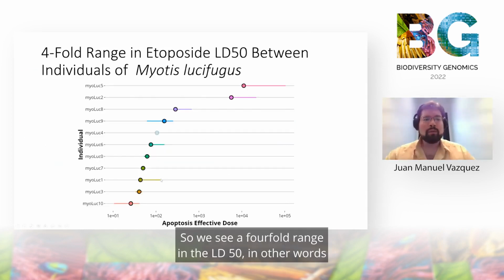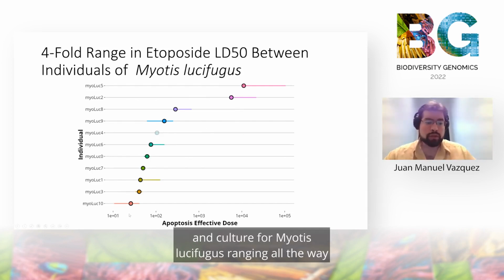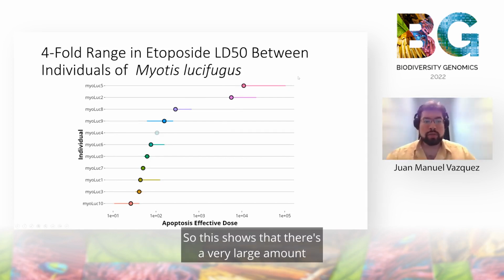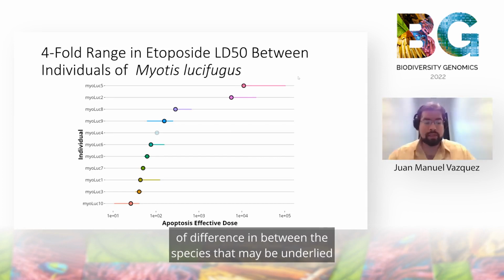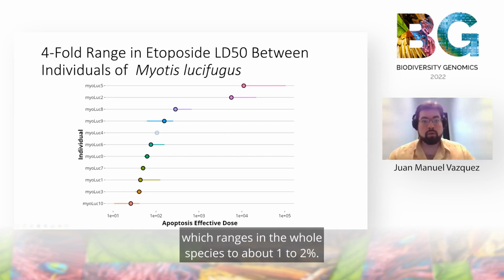So we see a fourfold range in the LD50, in other words, a dose that kills 50% of the cells in culture for Myotis lucifugus, ranging all the way from this small nanomolar range to a micromolar and even millimolar range. So this shows that there's a very large amount of difference between individuals that may be underlied by the high heterozygosity of these individuals, which ranges in the whole species to about 1 to 2%.